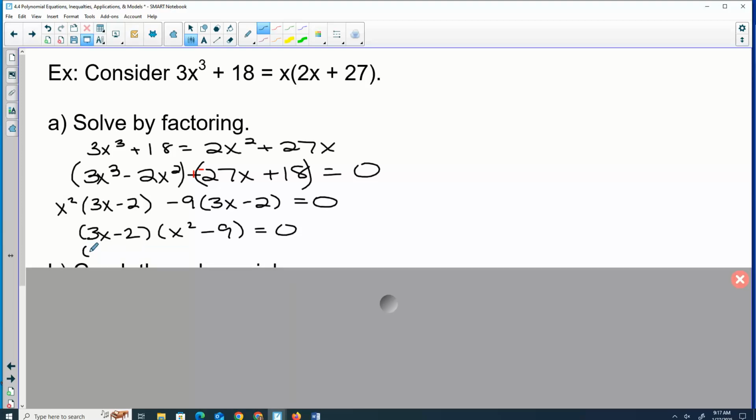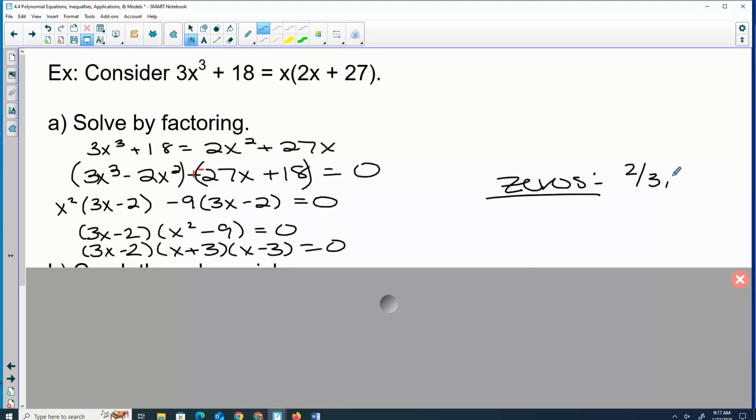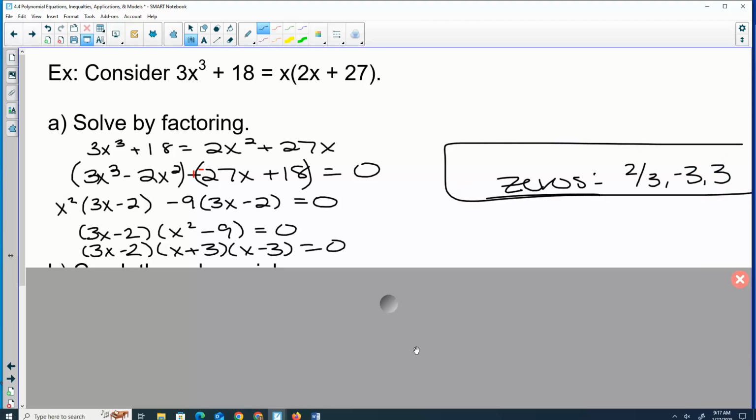And so my final factored form would be 3x minus 2, x plus 3, x minus 3. So my solutions, or my zeros, what are they? 2/3, -3 and 3. So sometimes you have to multiply things out before you can factor it.